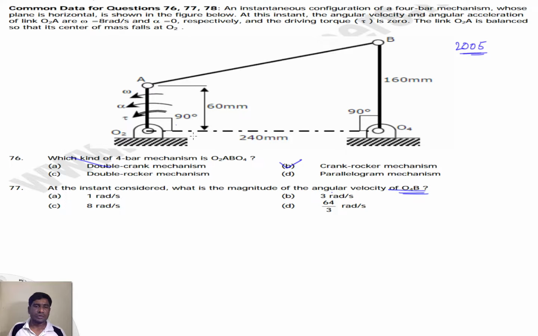So for example, if I mark this as link 1, 2 and 3, 4, we need to find out angular velocity omega 4, because here omega 2 is given as 8 radians per second. So let's start this.